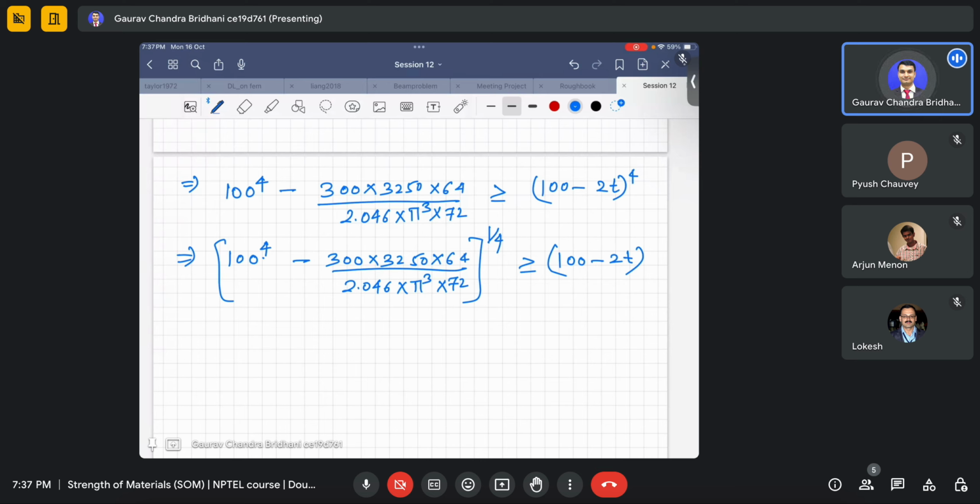Is anyone able to find this? Let me check whether I can find this value.